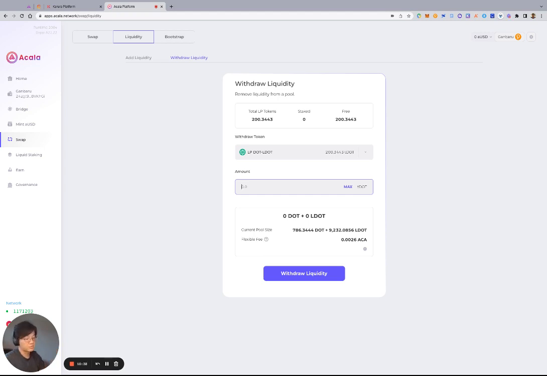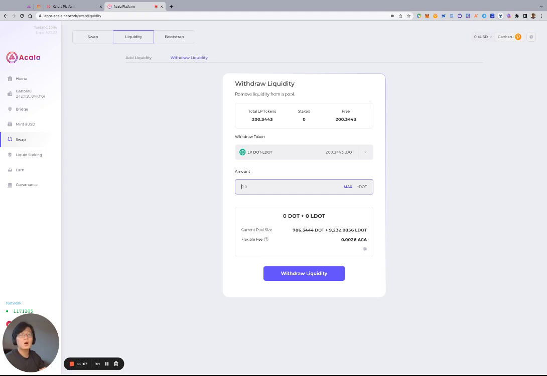And then, as I mentioned just a little bit earlier, we're finalizing the incentive schedule for the tDOT program. What that means is, we will be subsidizing, from our protocol level, our own native token to liquidity providers who are providing liquidity to the tDOT pool, as well as the potential to get subsidy from the Polkadot Treasury Council.